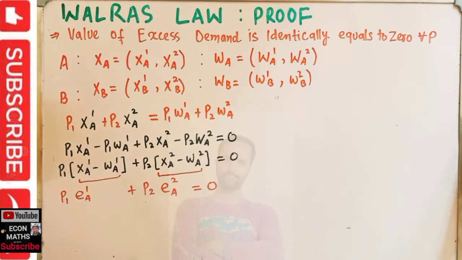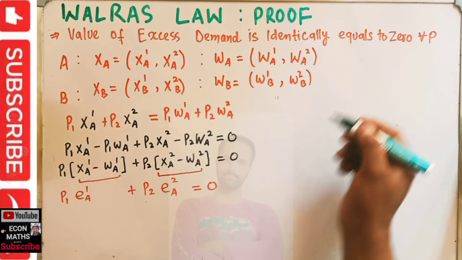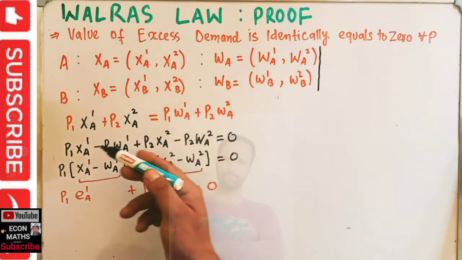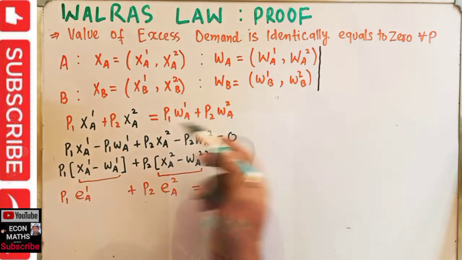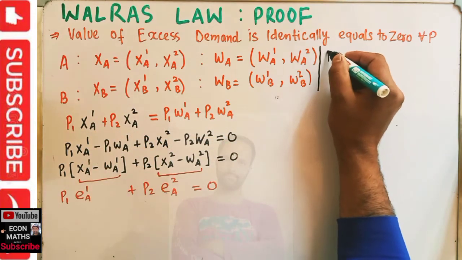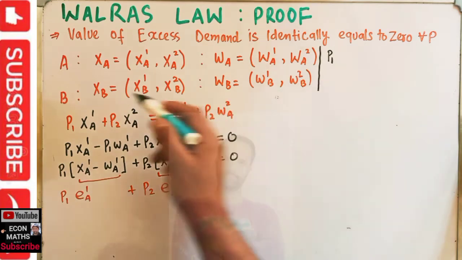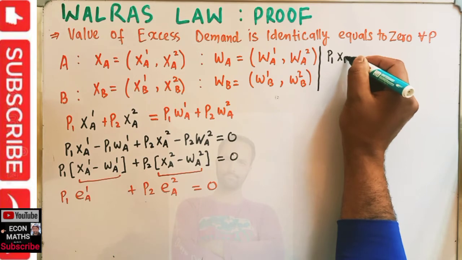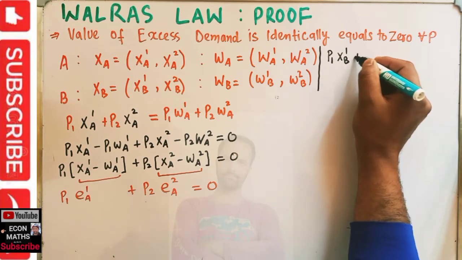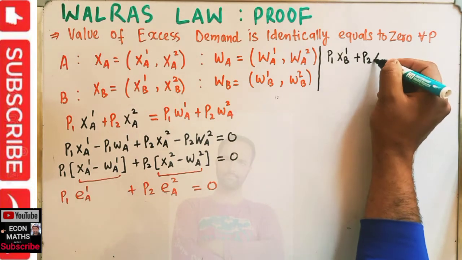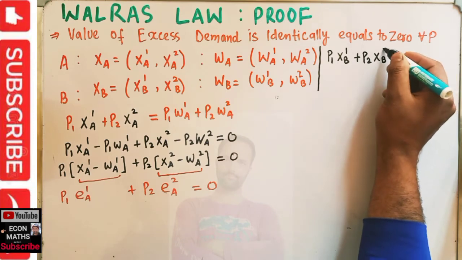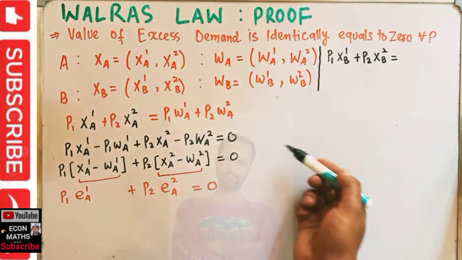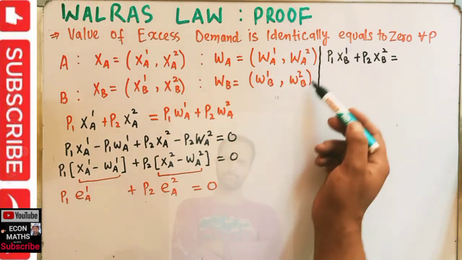What about person B? Simple thing, let me write it here. For person B also. What is his total expenditure and income? Total expenditure will be equal to price of good 1 times units of good 1, that means XB1, plus price of good 2 times units of good 2 for person B, should be equal to his income. What will be the income of the person B?